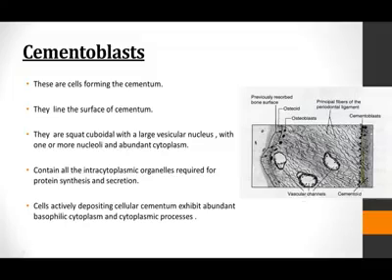On the opposite side of the PDL, the bone side of the PDL, where you have the alveolar bone, on the surface of the alveolar bone, or on the surface of the bone lining the socket, you have this colony of cells which are the osteoblasts. So we have the osteoblasts lining the bone on one side, the cementoblasts lining the cementum on the other side, and in between we have the PDL where the abundant amount of fibroblasts are organized.